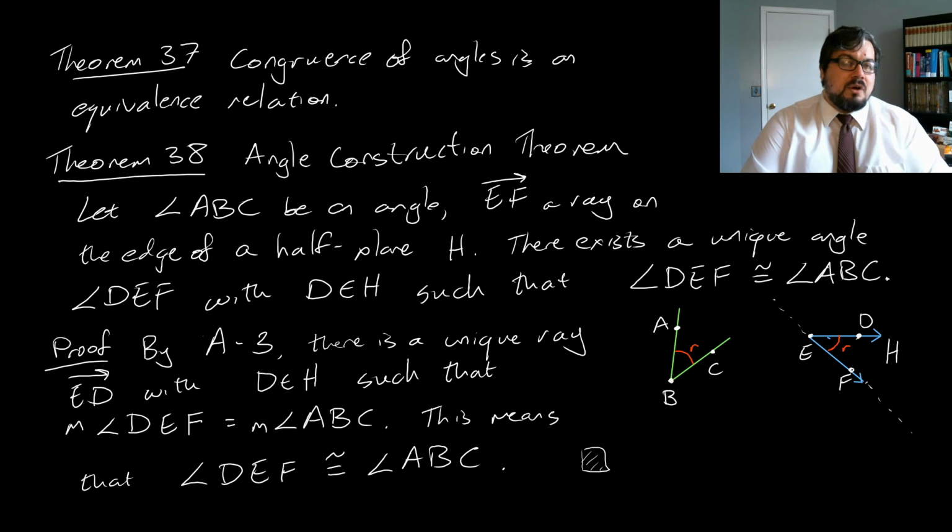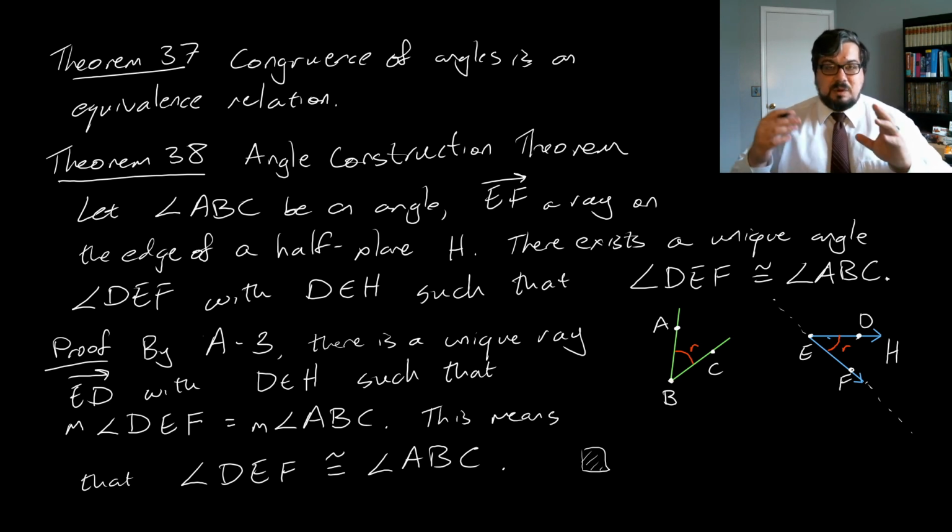All right, so then we can combine two theorems together that we've worked with into one that's going to wind up being pretty efficient, pretty worth combining together. We have the angle construction theorem here, which says that we can get a unique angle that does what we want.